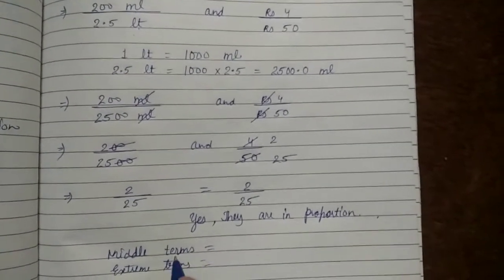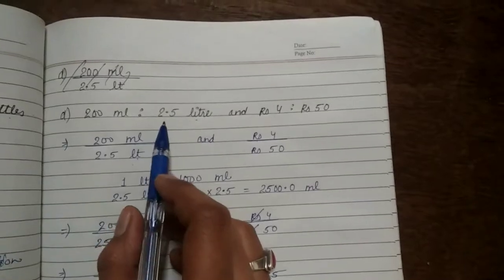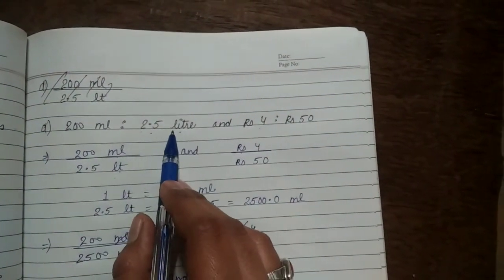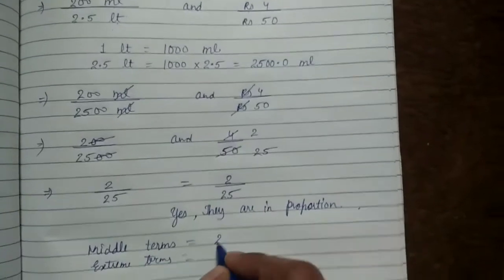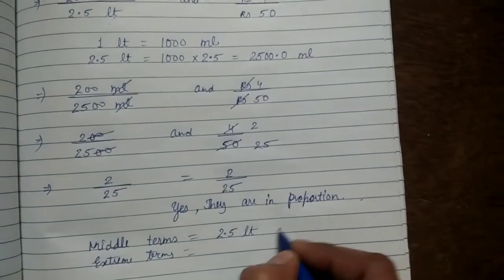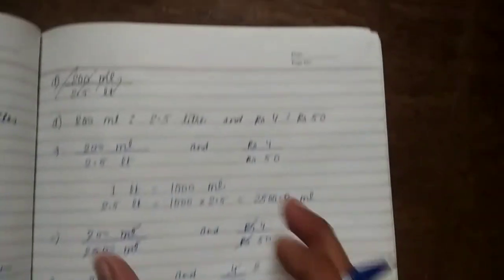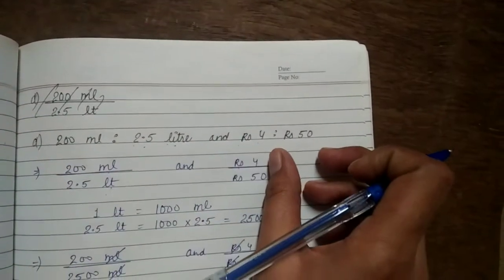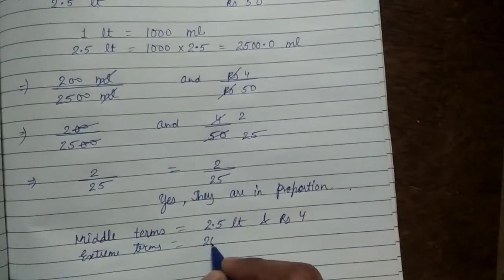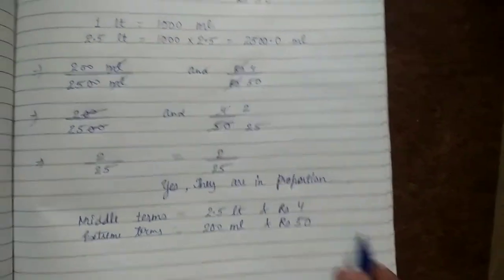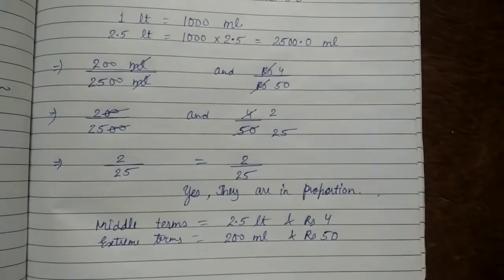The middle terms are the terms present in the interior, so the middle terms are 2.5 liter and rupees 4, and the extreme terms are 200 milliliter and rupees 50. So here we completed our exercise 12.2.